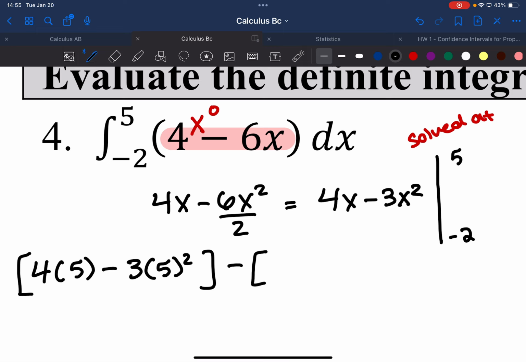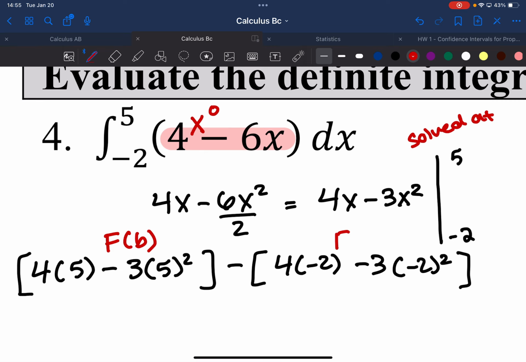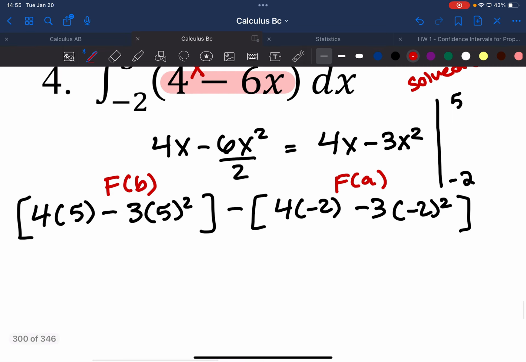Okay, and then I'm going to plug in my lower bound, negative 2. So I have 4 times negative 2 minus 3 times negative 2 squared. Again, this is my F of b minus F of a. And then I just simplify.